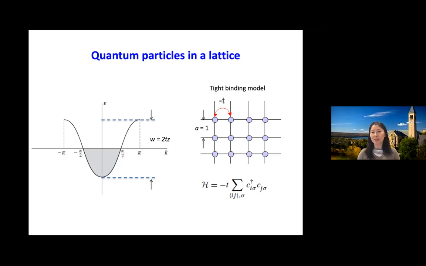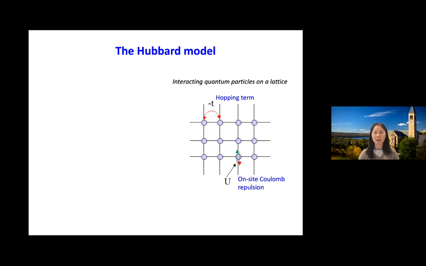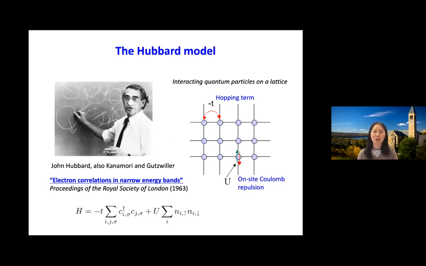Of course, this is not physical, and what's missing here is the Coulomb interaction. If we put in the simplest Coulomb interaction, the U term, which is the on-site repulsion, into the Hamiltonian, the complete model is the very well-known Hubbard model with T and U parameters.